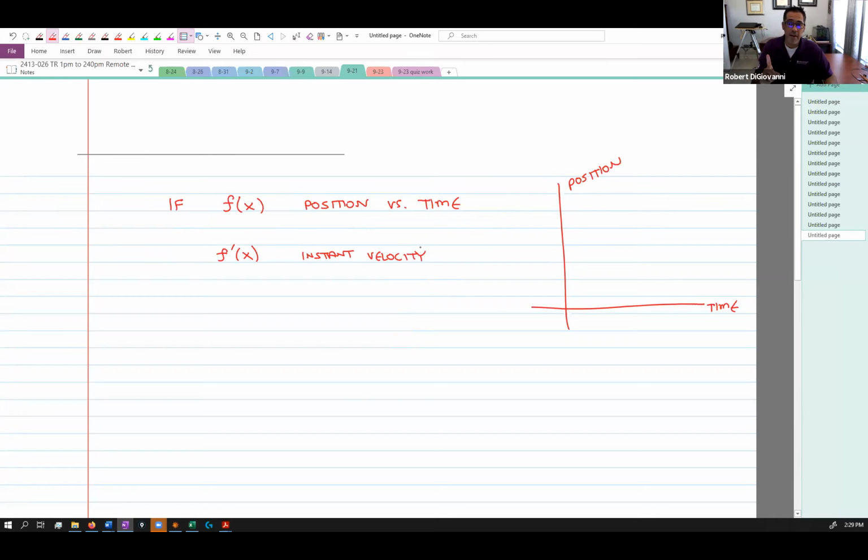The first derivative of a position function gives you the speed of that object at a specific point in time. Do y'all feel like I already established that for you last time? Yes? Okay. Now what does the second derivative give you?